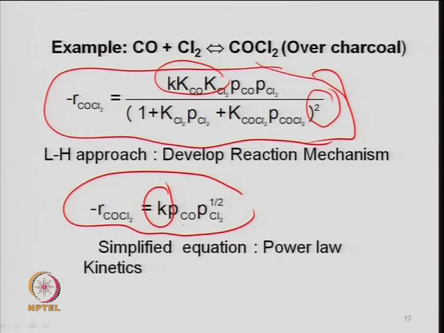So, one can write it simply as P_A to the power a and P_Cl2 to the power b, and find out a, b and k by linear or non-linear regression. But this is true only for homogeneous reaction kinetics, not for heterogeneous reaction kinetics. So, the actual mechanism cannot be understood from this one, but if the data or the software tools are not available and time is limited, then one can use this also, and then one can find out the total mass of the catalyst required for a given reaction.